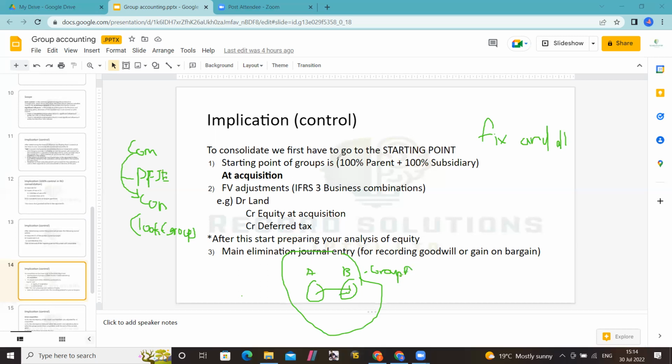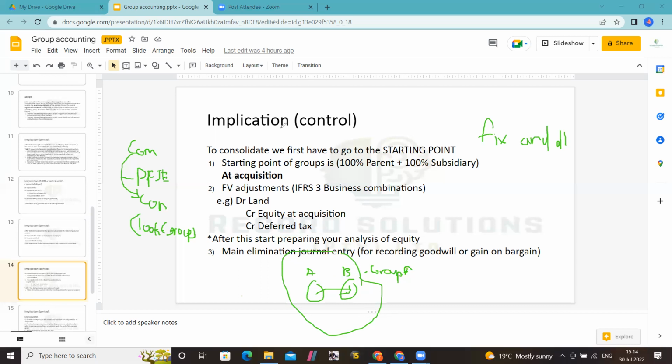So what happens? Let's say A sells to B. In A's separate financial books, A is going to record a sale to B, a normal sale. And then B is going to record a normal purchase. That's what they're going to record.